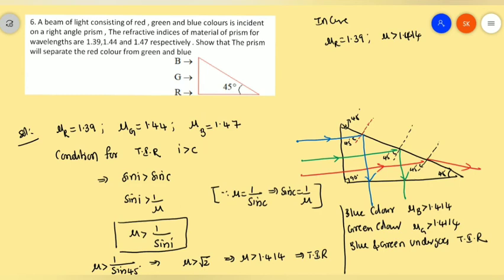That's why it cannot undergo it. Therefore red color separates from the other colors.